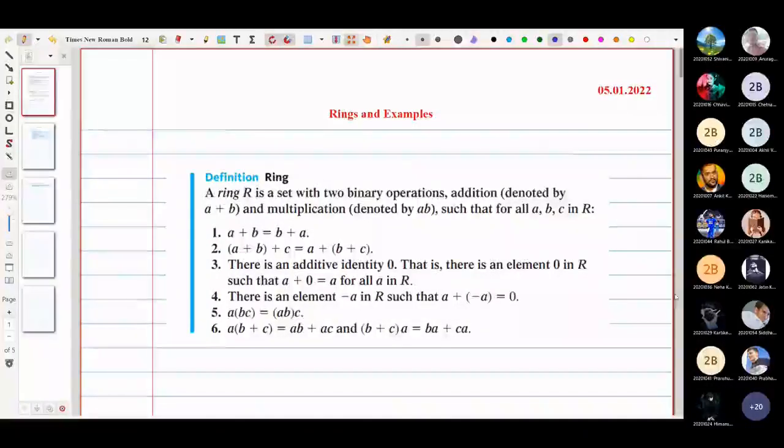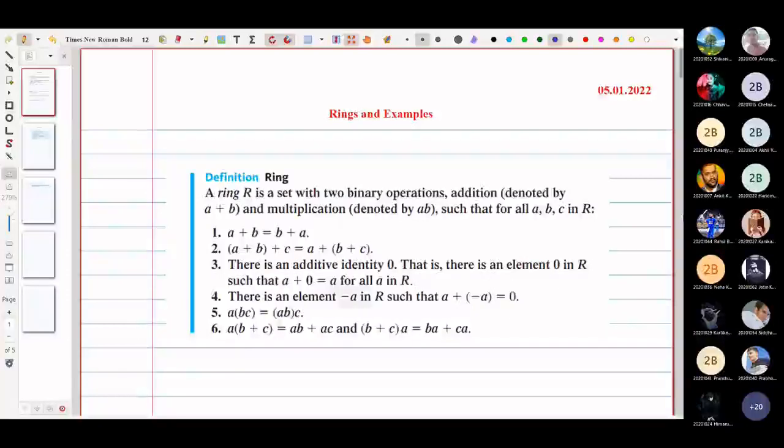So this is the official definition. Of course, yesterday we have seen it, but for the sake of revision, I have just copied it from the textbook. So a ring is what? A ring R is a set with two binary operations. And when we say a binary operation, it means closedness only.